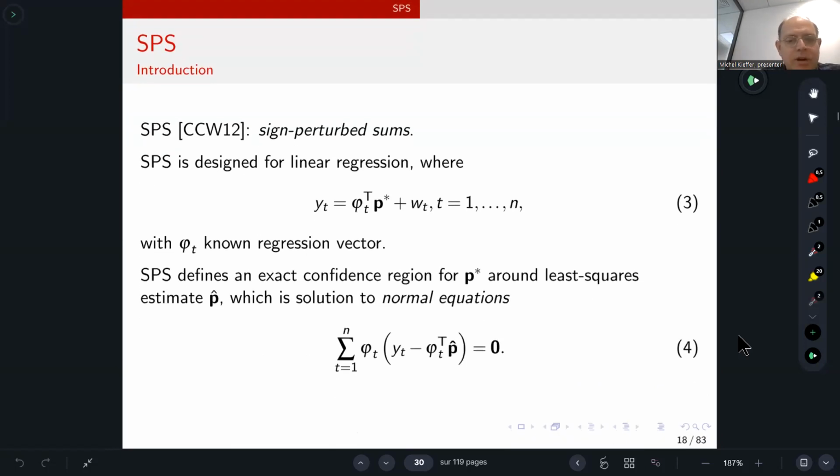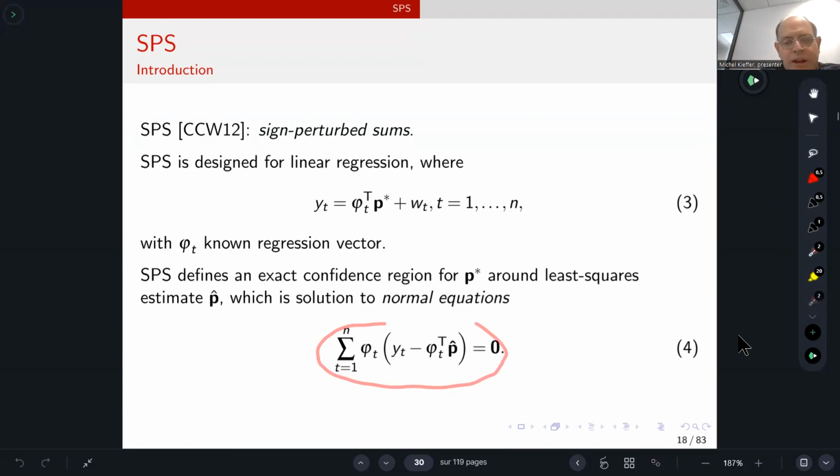Then, in order to evaluate the estimate p hat, usually when you consider, for example, least squares estimation or maximum likelihood estimation when the noise is Gaussian, what you have to do is to solve this normal equation here.